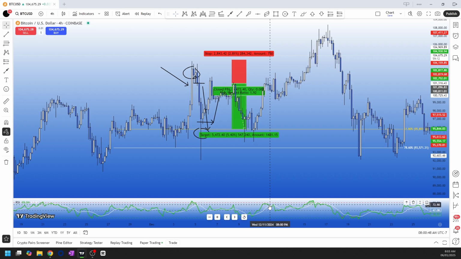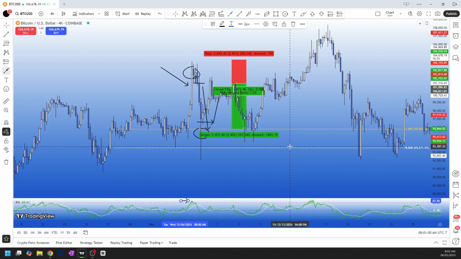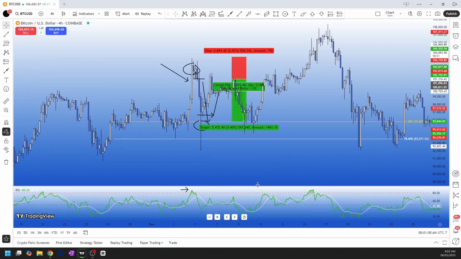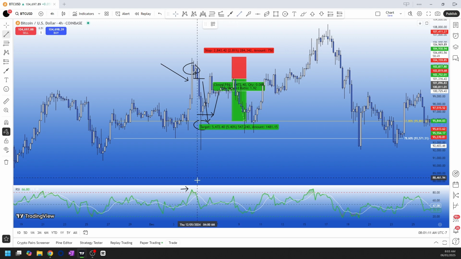I just didn't put it in here because when I was looking through the history, I didn't really notice it. But if I were to add that in, yes, you will see the overbought condition. So I will suggest add that to it. So in this one here, you do have the overbought condition and you do have your bearish divergence. So go ahead and add those in there. It doesn't make sense to leave them out.